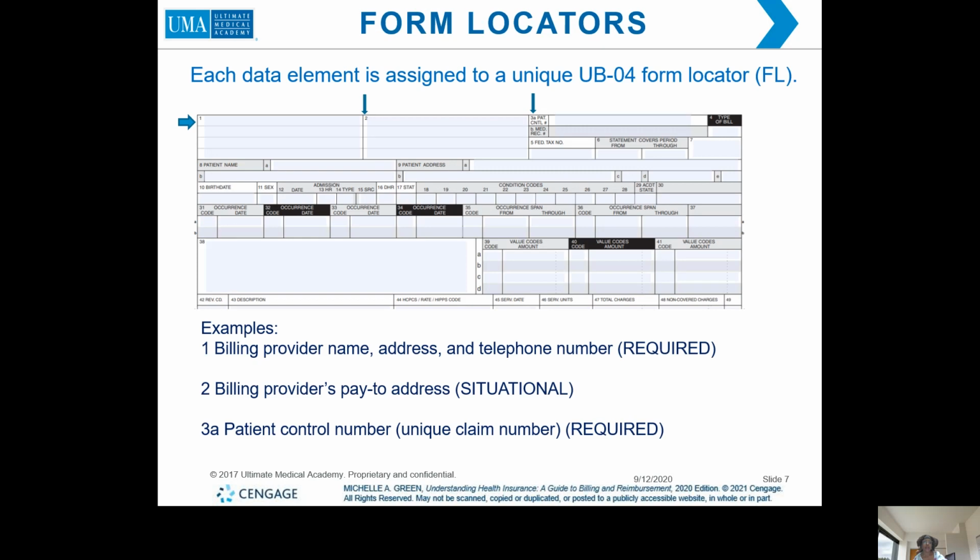Now, this is the form locator up close. You have the top of a UB04. If you look at the arrows, you can see the numbers for the blocks. For example, in block 1 on your right, where you see an arrow, you will put the provider's name, address, and telephone number.